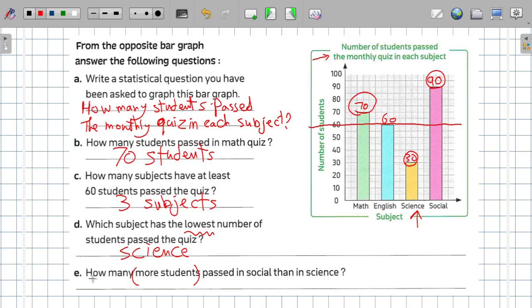If I am asking about the number of more students, this means I want the difference between the two numbers. So I will subtract the two numbers. So I will say 90, which is the number of students in social, minus 30, which is the number of students in science. So it will be 60. So 60 students is the answer to my question.